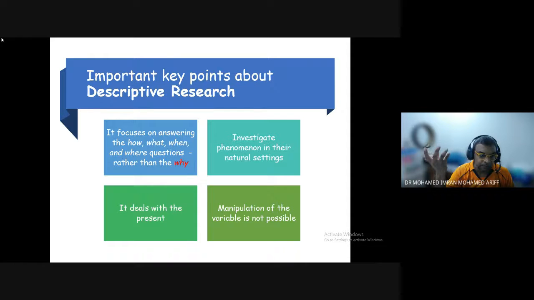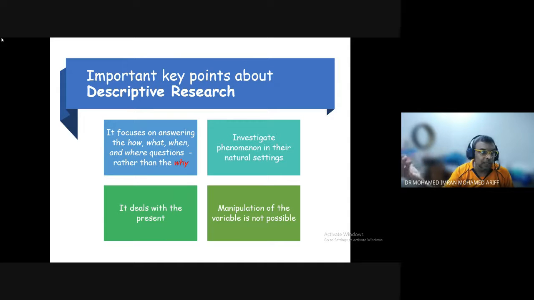What is the meaning of manipulation of data? It means we want to show that if we exercise more, we will lose more weight, or if we combine exercise, fasting and eating less, we will lose even more weight.